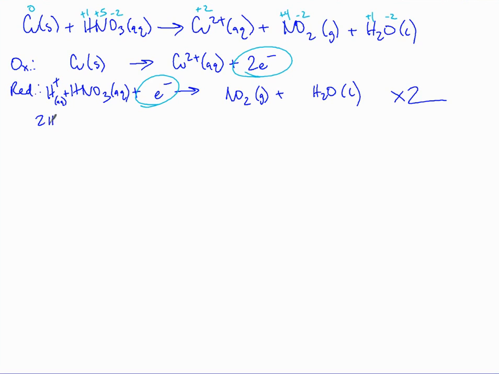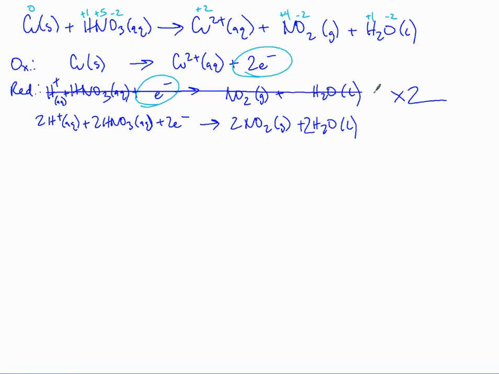So I've got 2H+, 2HNO3, plus 2 electrons yields 2 NO2 gas, and 2 H2Os. And so this one we don't need, you don't have to mark it out, but now that we've got a new one, I just want us to understand which one it is. Now that the electrons are equal, we can add these two things together.